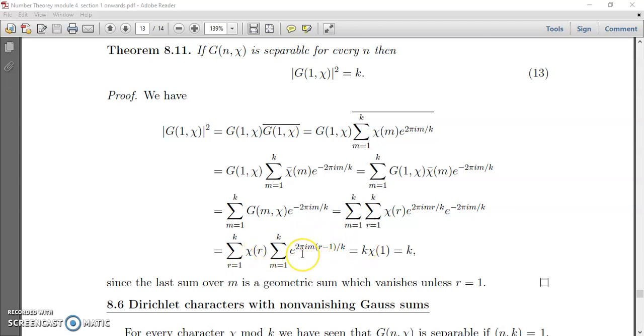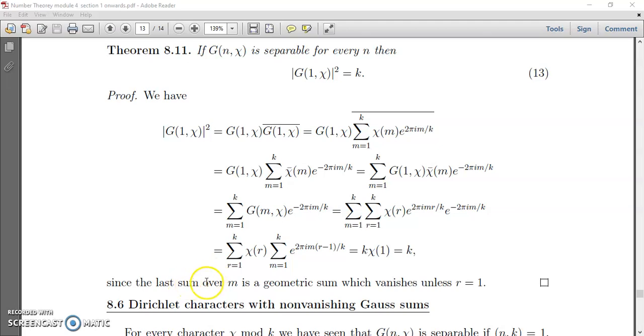So this becomes k times chi of 1, and chi of 1 is 1. So we get the answer k.